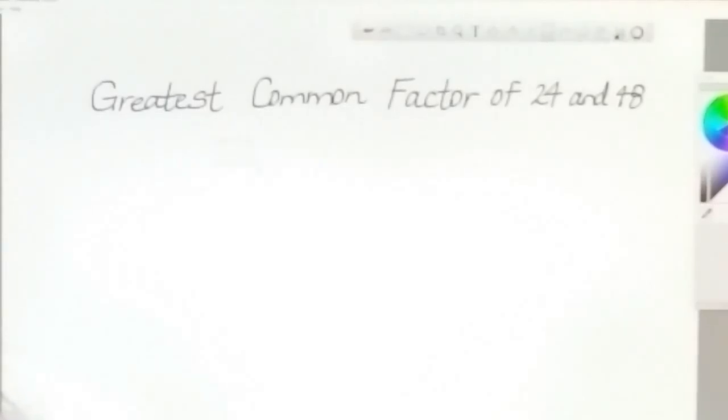So this time I'll list my composite numbers in the boxes.